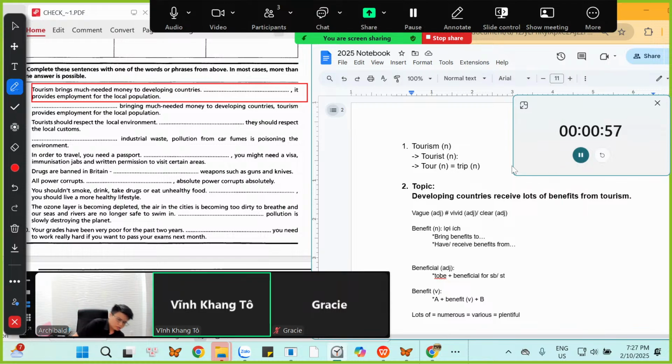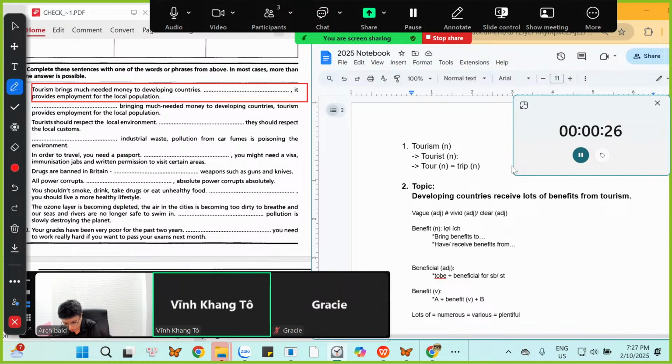I think developing countries receive numerous benefits from tourism because from tourism we can have a lot of shops in hotels, restaurants, or tour companies.